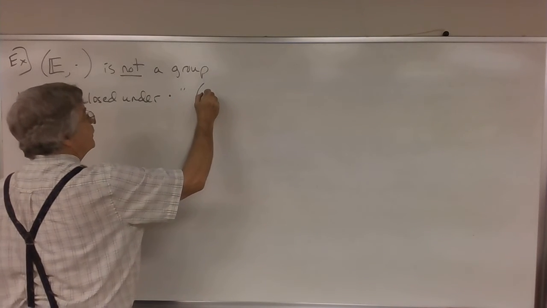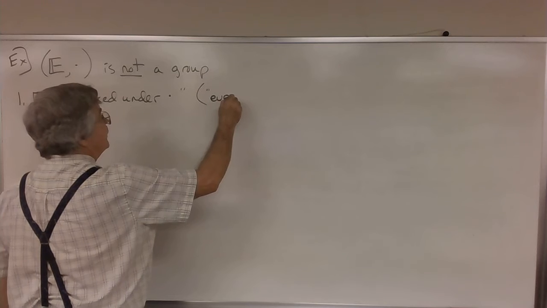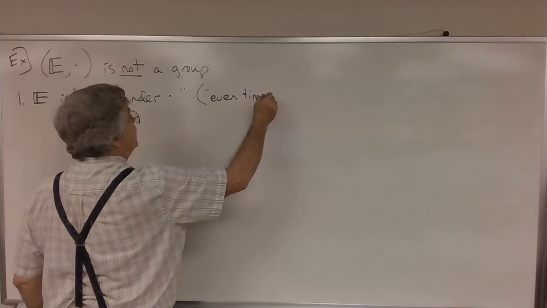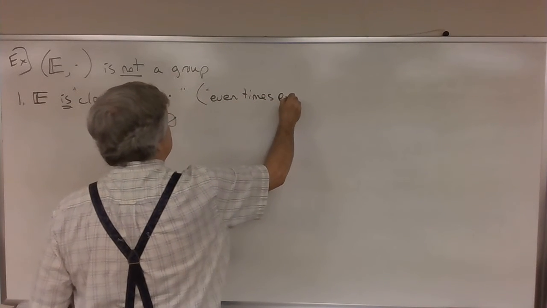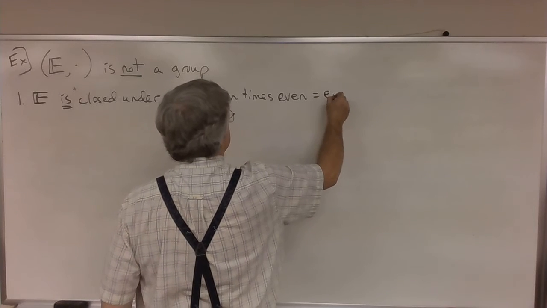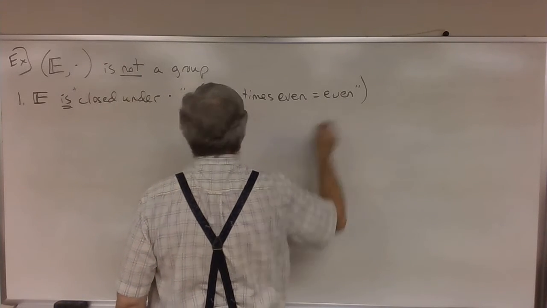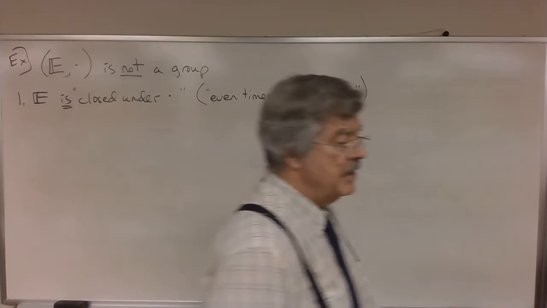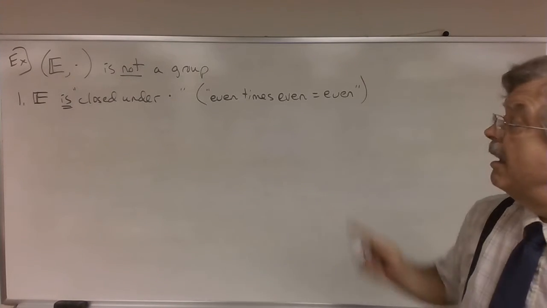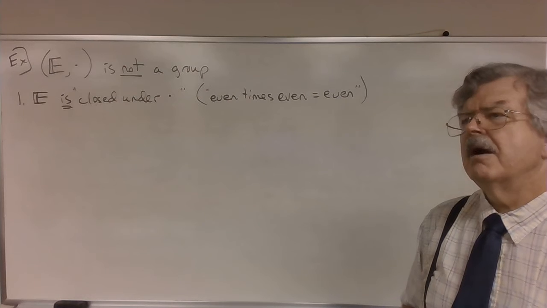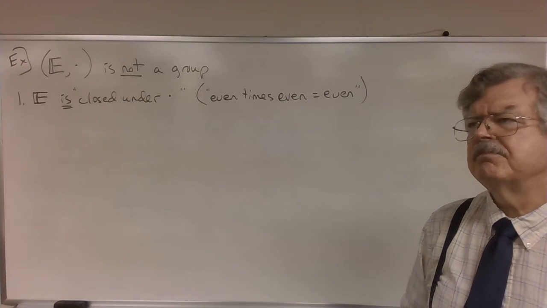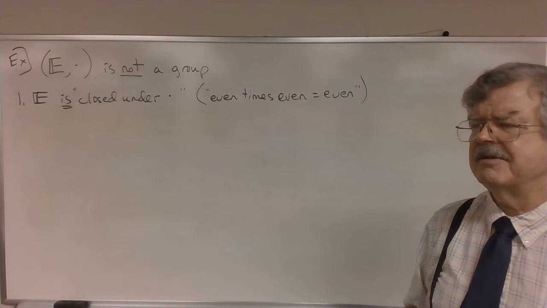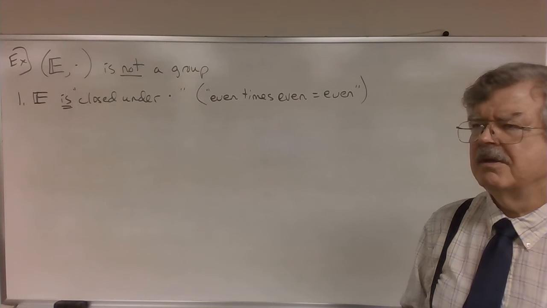Yes, remember, even times even equals even. So the product of two even numbers is an even number. Our binary operation is closed on the set of even numbers.